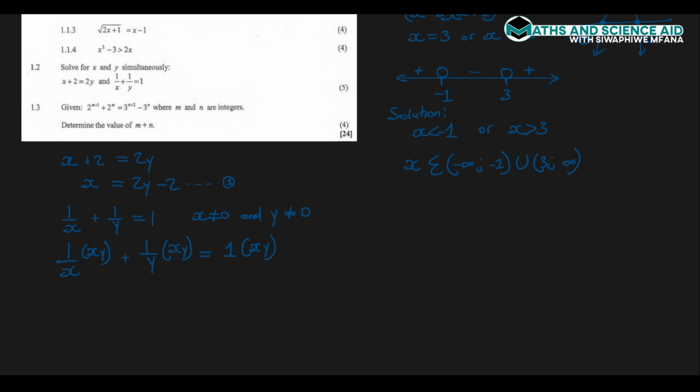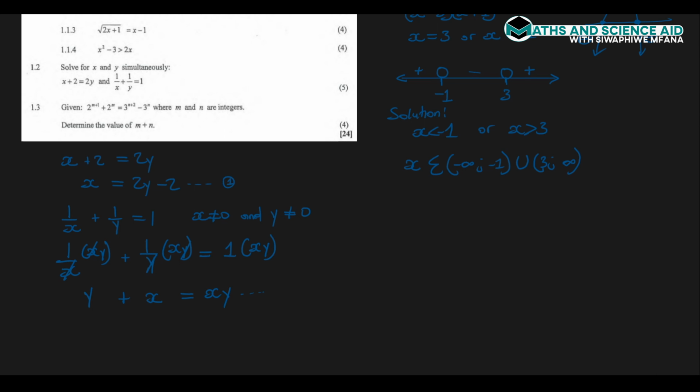But now the nice thing is that this x can cancel with this x and this y can cancel with this y, meaning that we are going to be left here with 1 multiplied by y, which is y, and 1 multiplied by x, which is x, and then on the right hand side we are going to have xy.